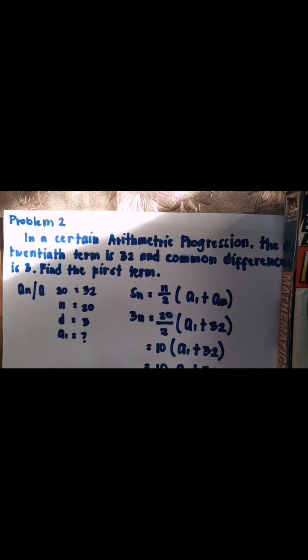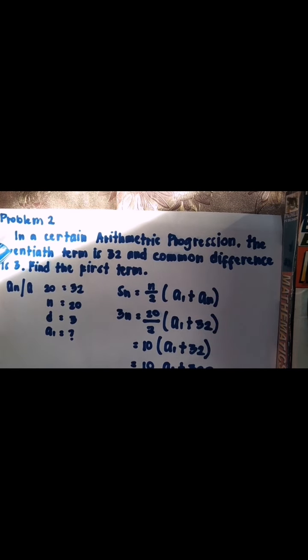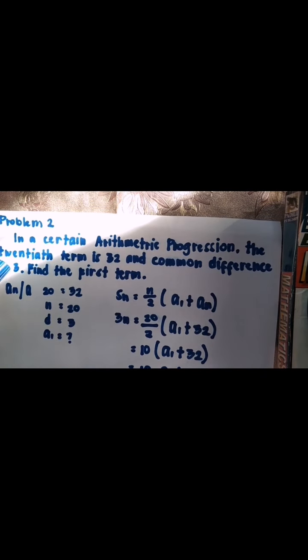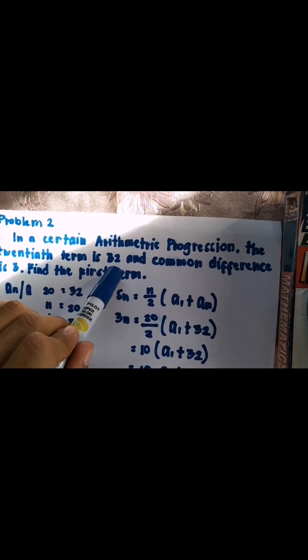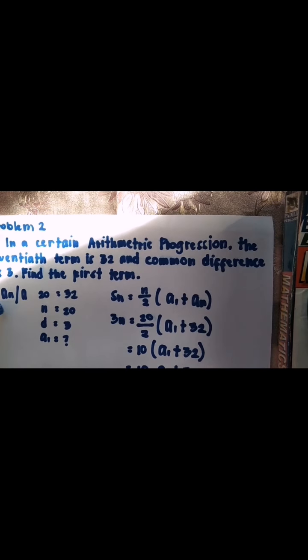Let's proceed to problem number 2. In a certain arithmetic progression, the 20th term is 32 and the common difference is 3. Find the first term. Again, we're using the arithmetic progression formula.